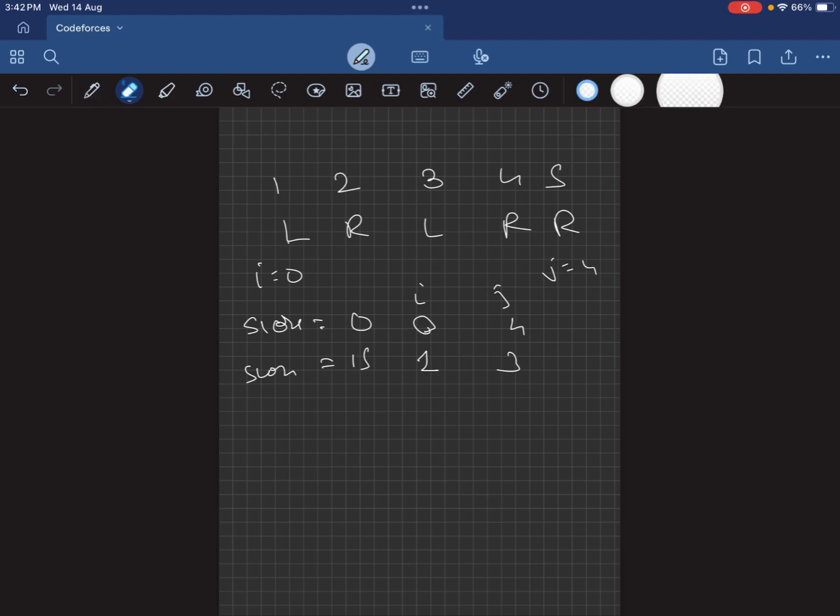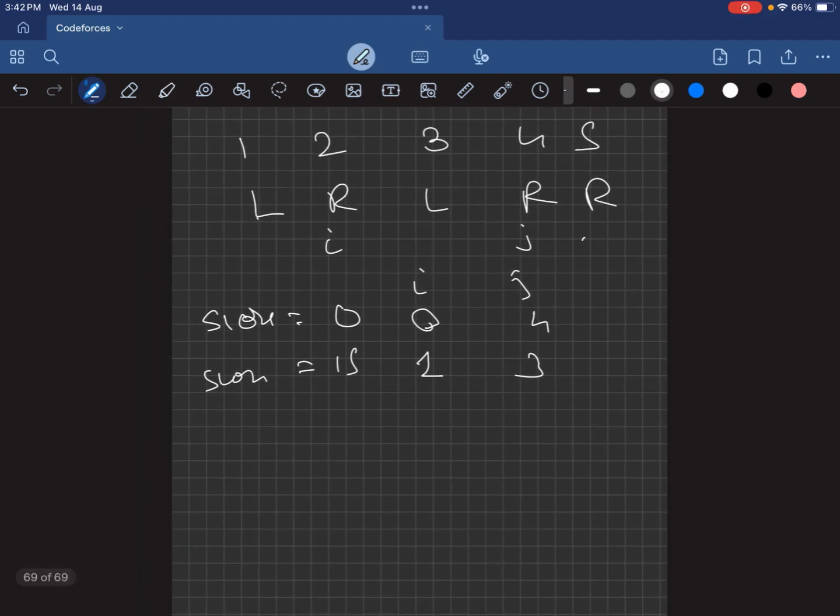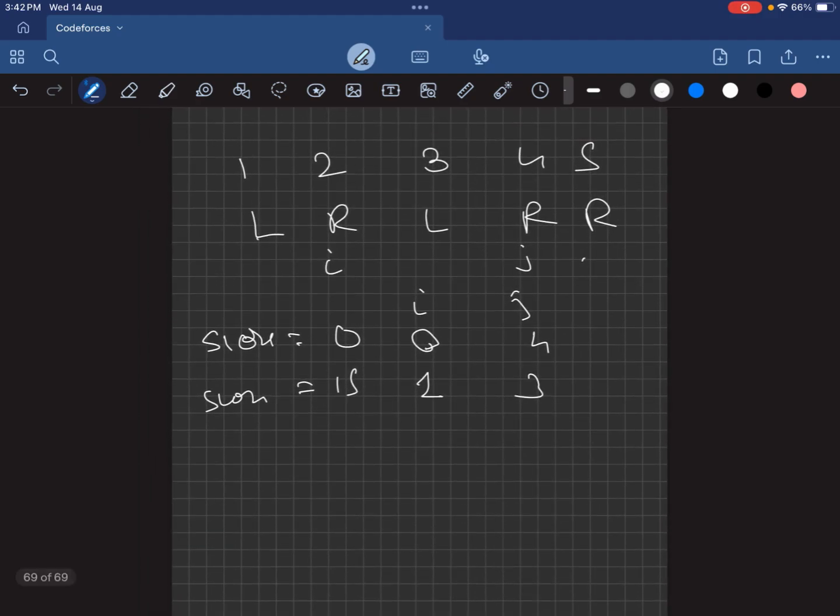So our I comes over here, and J comes over here. Okay, now both are at R and R. In that case, we saw that if we are at R and R, we'll increase I by 1. So I will become 2, and J will remain as it is, 3, and score will be as it is, 15.